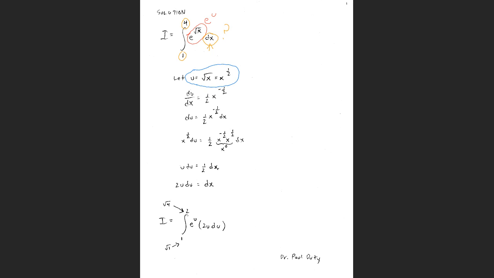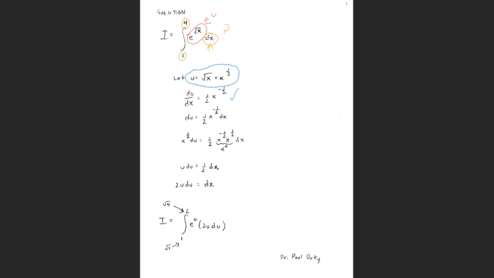So, all right, u equals x to the half. This means that du/dx, take the derivative of that function, and you'll get 1/2 times x to the negative half power. Right.